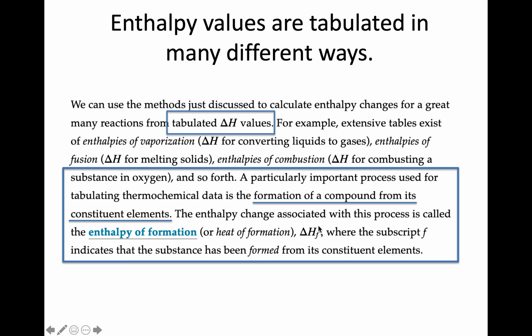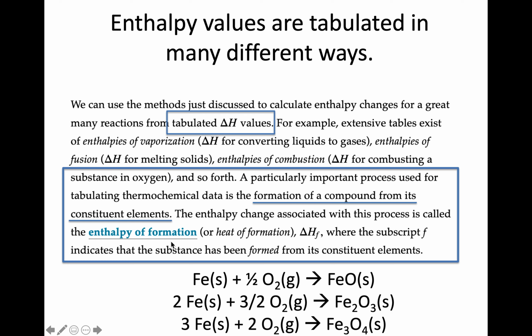I agree with the authors when they say a particularly important one is when you tabulate the formation of a compound from its constituent elements. This is when it's describing the enthalpy of formation. So we'll see that symbol oftentimes, delta H sub F, corresponding to an enthalpy of formation. So when it says a compound coming from its constituent elements, let's say you want to compare different iron oxides.